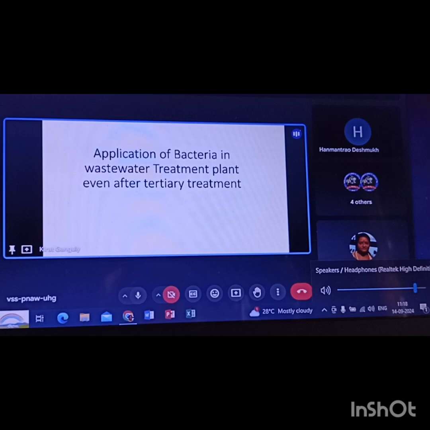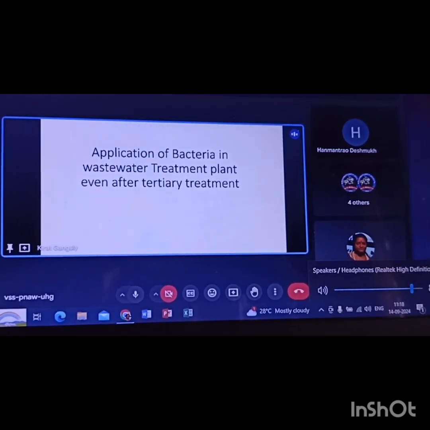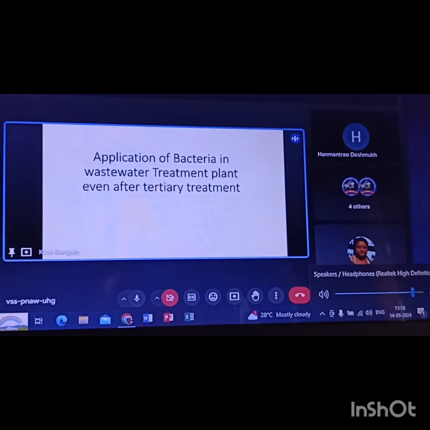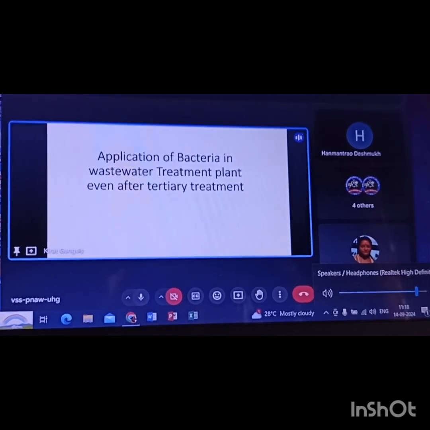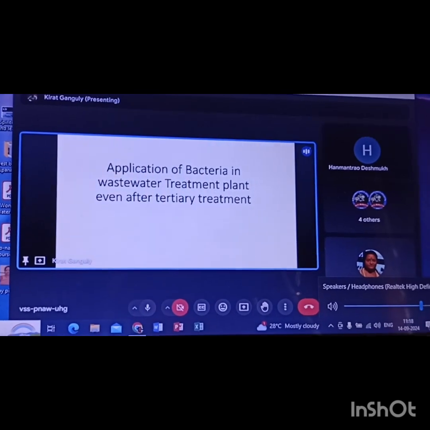Heavy metal is the problem. So here the wastewater treatment aspect is in a different way, and we are going to deal with the wastewater treatment in a different way. That is the STP based model.